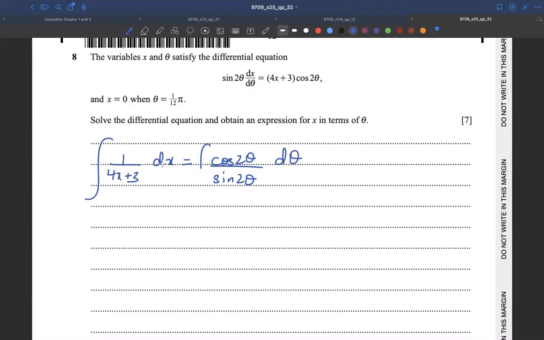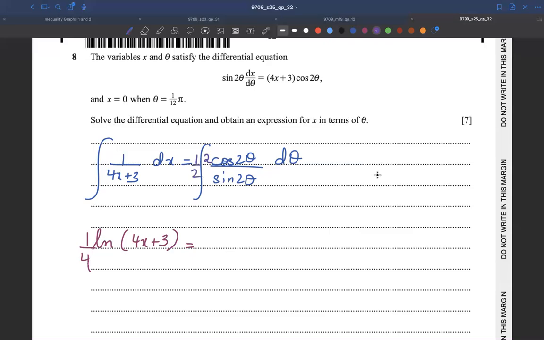So integrating 1 upon 4x plus 3, that becomes ln of 4x plus 3, and the derivative of 4x plus 3 divides, so that will become 1 upon 4 ln of 4x plus 3. And the derivative of sine 2 theta is 2 cos 2 theta, but we need a 2 over here, so we'll multiply and divide by 2 at the same time.